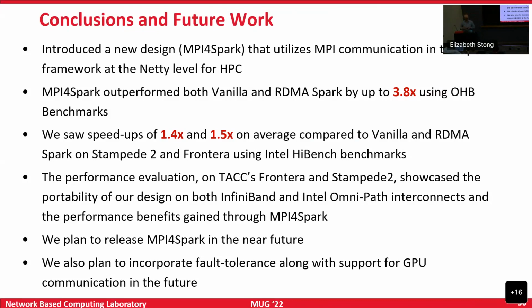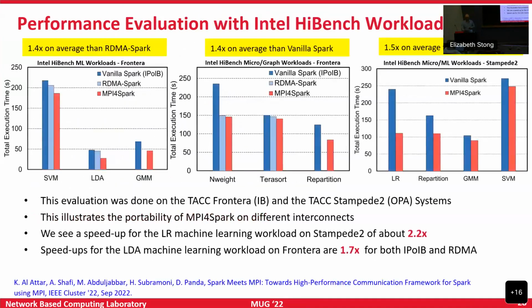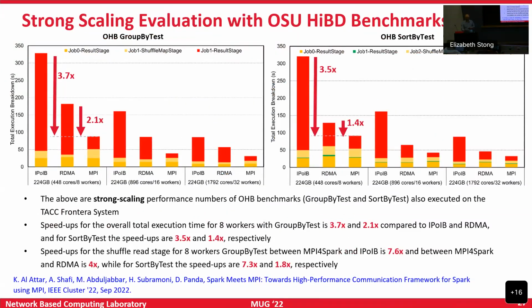Bharat? Have you profiled the different stages, like the communication time and other times in all the benchmarks you tried? Do you have a split up? We have. I actually showed you the profiling information. I went quickly through it. In this case, for this group by, we are splitting each bar into 3 stages. The names are really strange, but that's how the Spark web UI shows it: job 0 result stage, job 1 shuffle, and job 1 result stage.